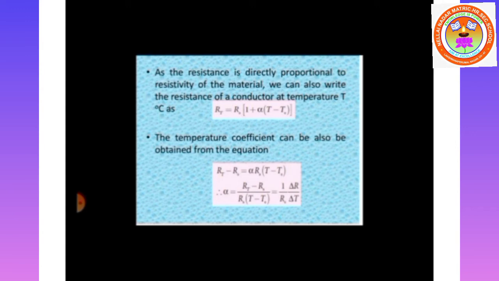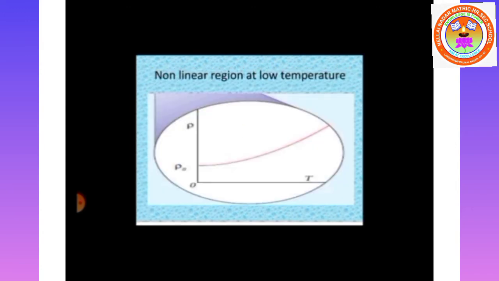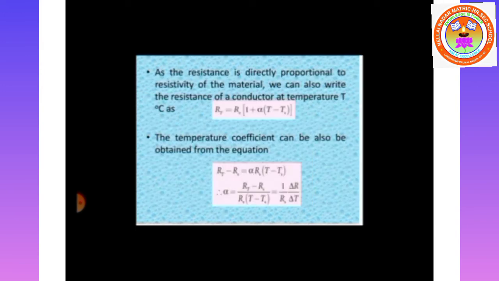Next, the temperature coefficient can also be obtained from the relation. We can write R_T is equal to R naught plus R naught alpha (T minus T naught).